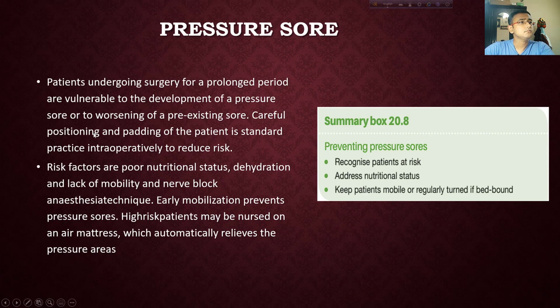I already told you that an air mattress, also called an air bag, automatically relieves the pressure areas. You have to make the patient mobile, because with early mobilization there will be good healing and less chance of pressure sores.